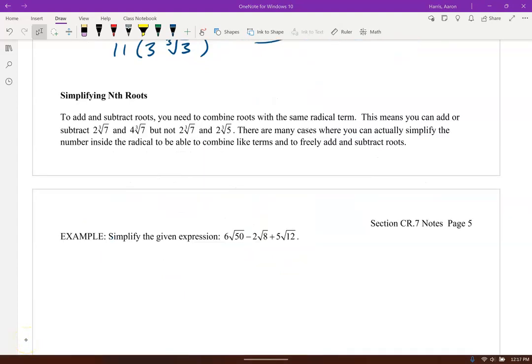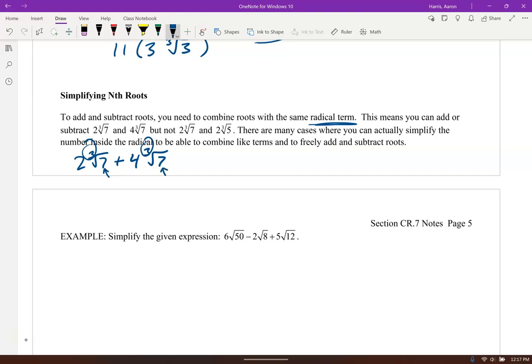Nth roots. To simplify nth roots, when you're adding and subtracting, you gotta have like radical terms. That means you have the same root and the same index. For example, I said 2 3rd root of 7, I could add to 4 3rd root of 7 because they're both the same root, and underneath the radical is also the same term.